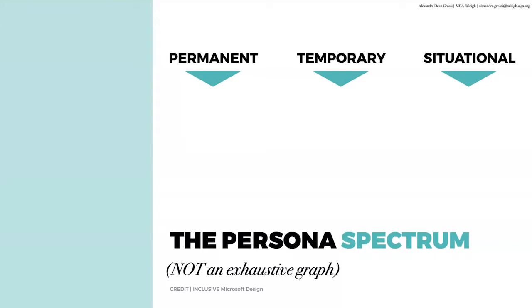So there's permanent disability, temporary disability, and situational disability. For example, with mobility, you can have somebody who was born with one arm or lost an arm, that is a permanent disability. Or your design could help somebody who has an arm injury.